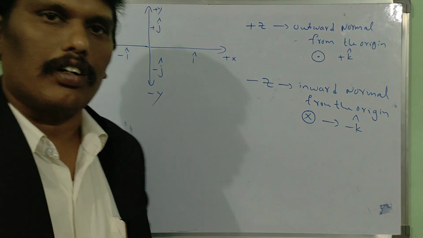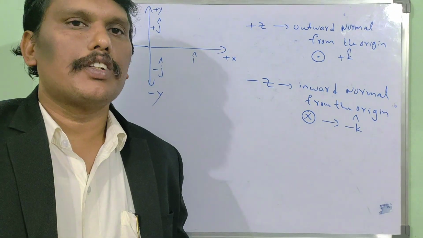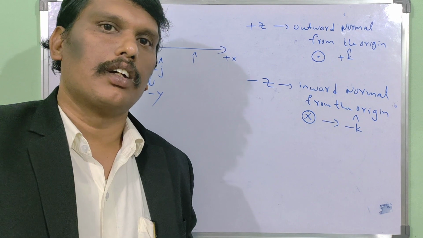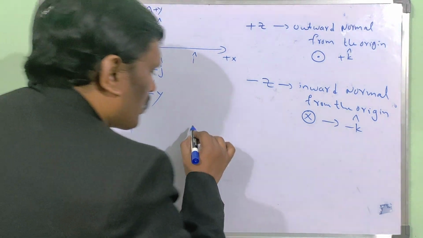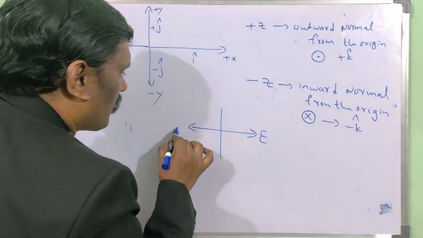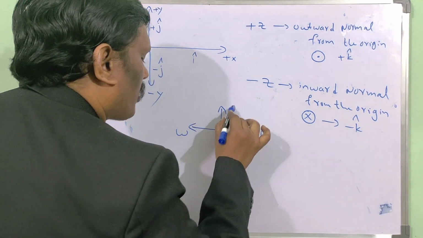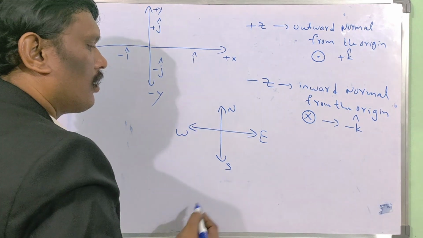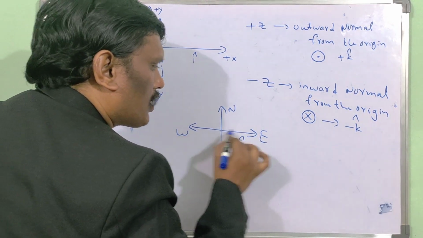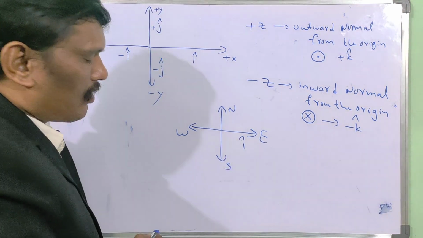These are the unit vectors to represent the Cartesian coordinate axes. Not only that, if I consider the east, west, north, and south directions: what is the unit vector along the east? I cap, because east is along the positive x direction.